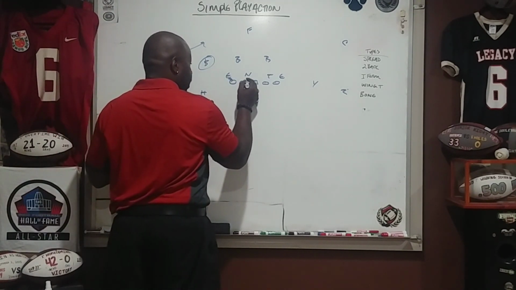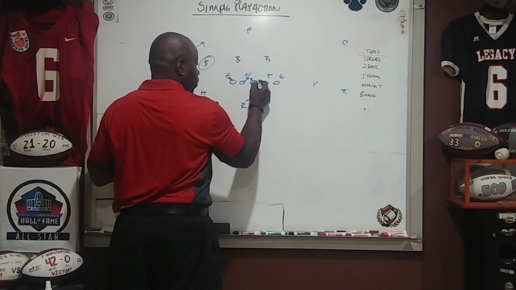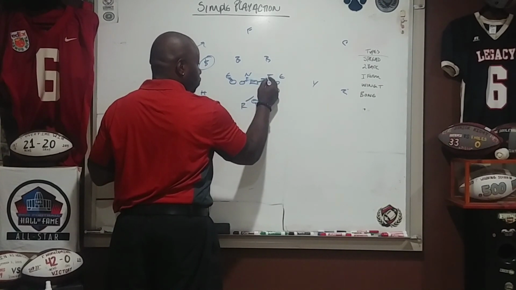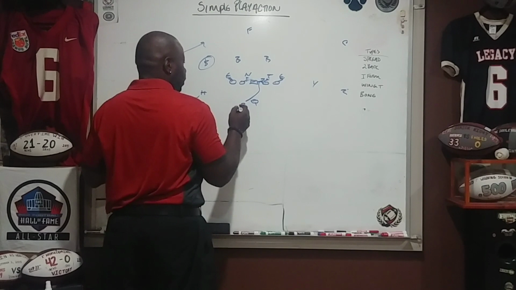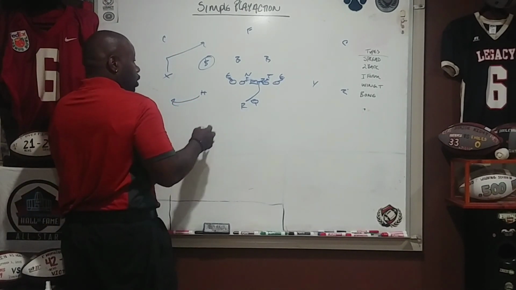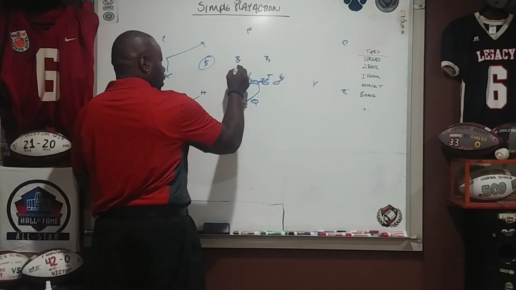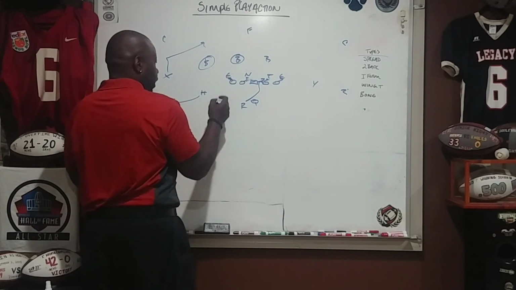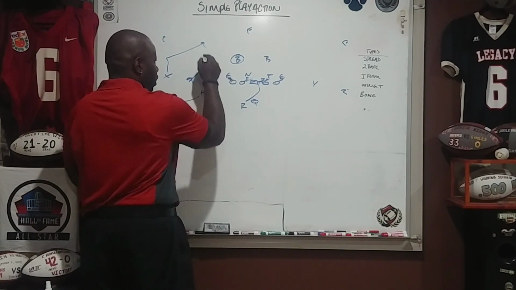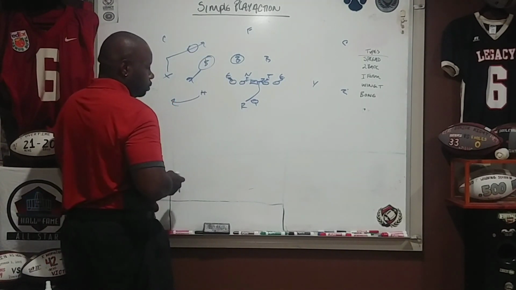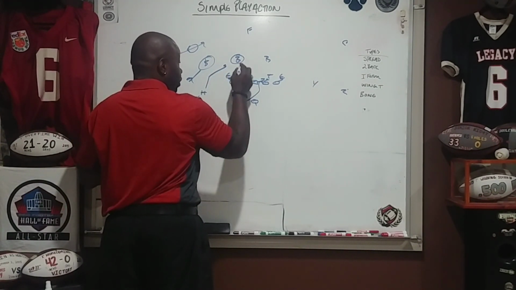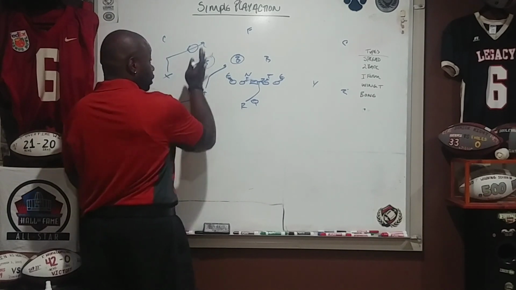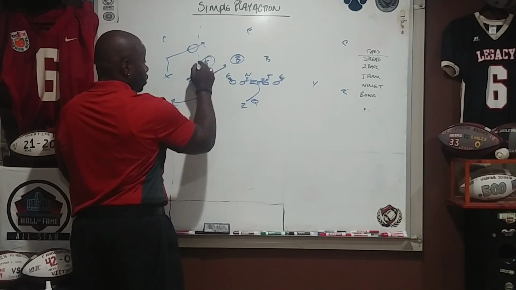We'll block this guy, and run our regular zone rules. And the key is that this happens fast. You'll read this guy blocking, and you'll read that guy, and this guy runs. You take the slant, or you go with the inside guy, you read the inside backer. This is reading the outside backer, so we're going to work the outside half.